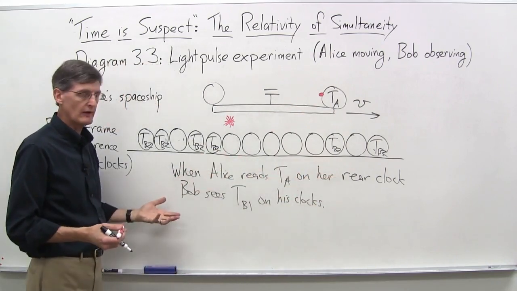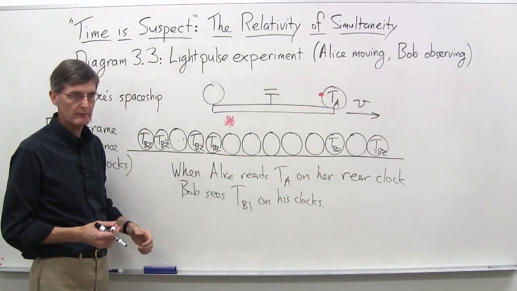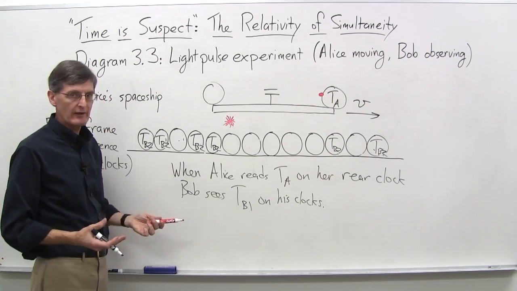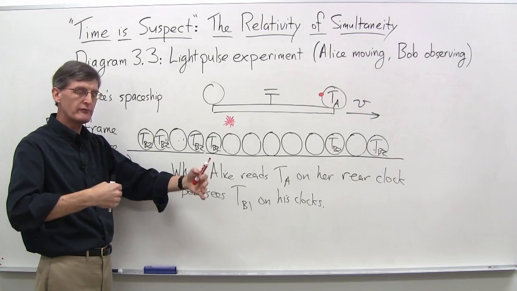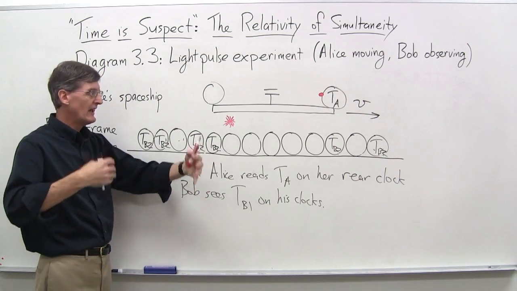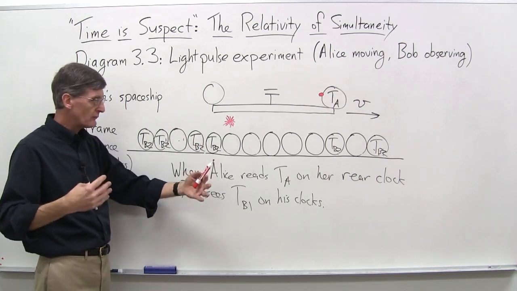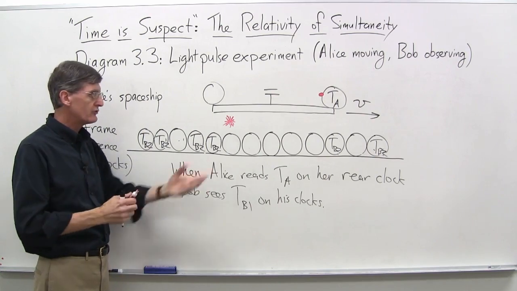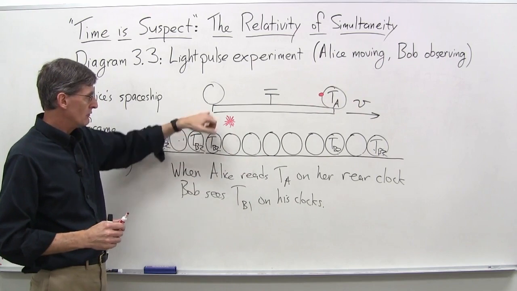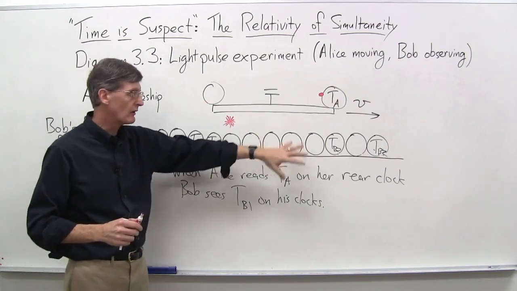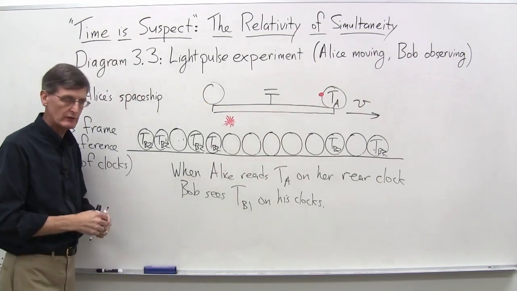My clocks are synchronized. It's your clocks that are messed up. Meanwhile, Alice is saying, my clocks are perfectly synchronized. I see both the light pulses hit at T sub A. They're simultaneous. My clocks are synchronized. It's your clocks, Bob, that are messed up. In other words, you should be reading the same time on your clocks for the light pulse hits, not different times.